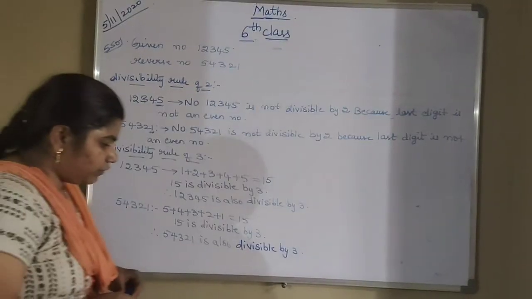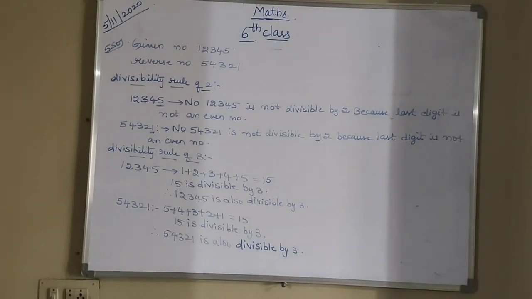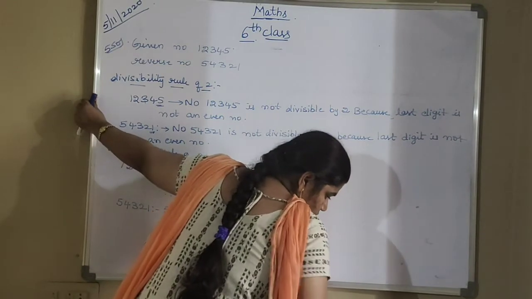Next we have to check for 5. Whether it will be divisible or not, we have to check the divisibility rule of 5 now.